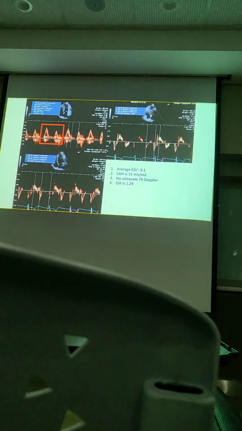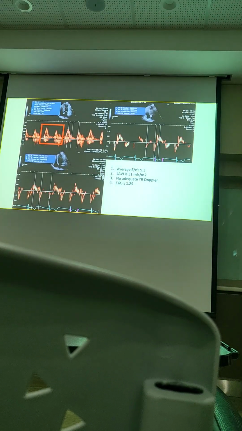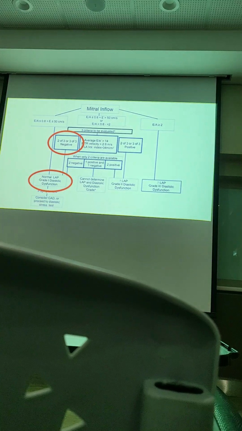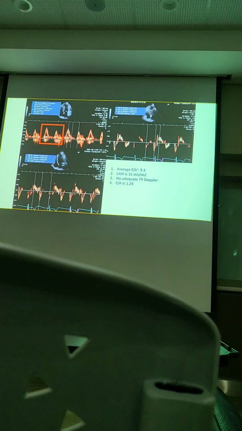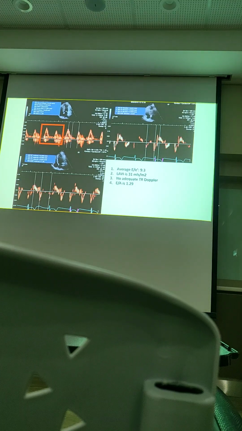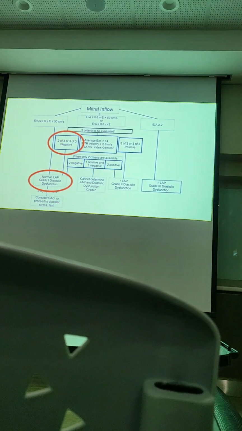So basically dia dah kata the EA is 1.29. So kita follow the middle one lah. So when we follow the middle one, tengok all the other parameters are negative. The E over E prime, the LAVI, is negative. So kita dah ada 2 of 3 negative. So this patient actually have grade 1 diastolic dysfunction.